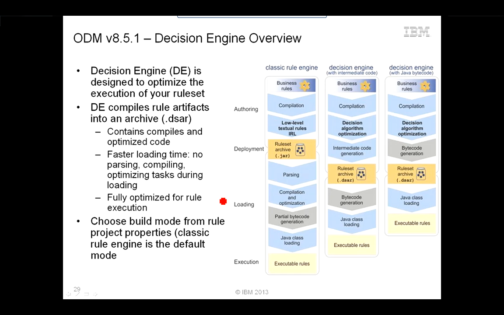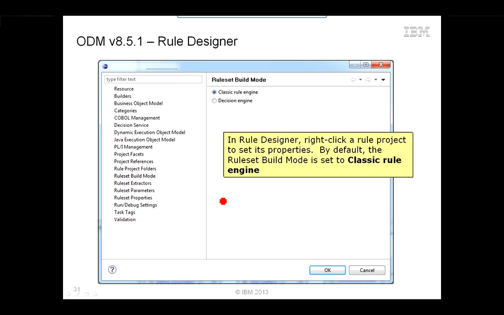At the loading time, Java bytecode needs to be generated, and then it executes. On the Rule Designer side, I'll show you another screen capture talking about all those different options.